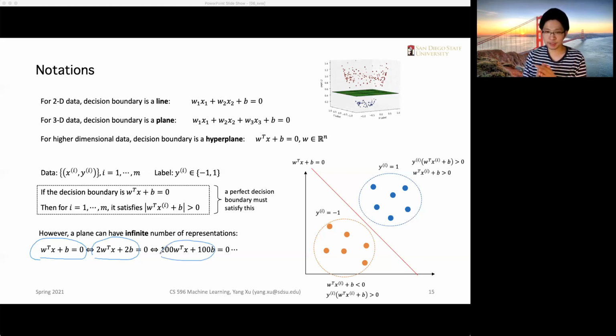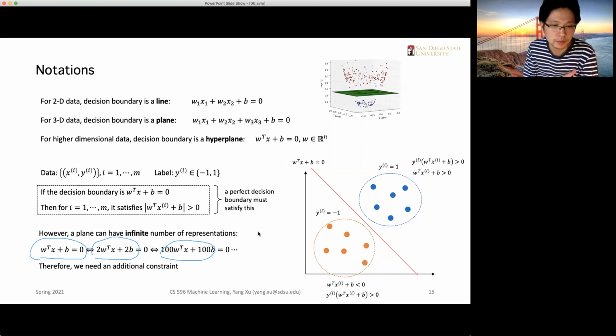We can have an infinite number of representations, so an infinite number of possible parameters. There's no way to find a unique representation, but we indeed want a unique representation of the plane, right? That means we need some additional constraints. The current constraint is not sufficient.